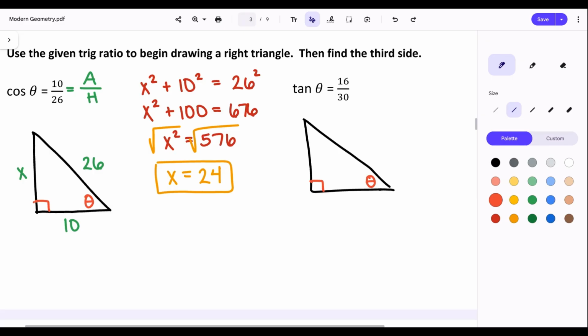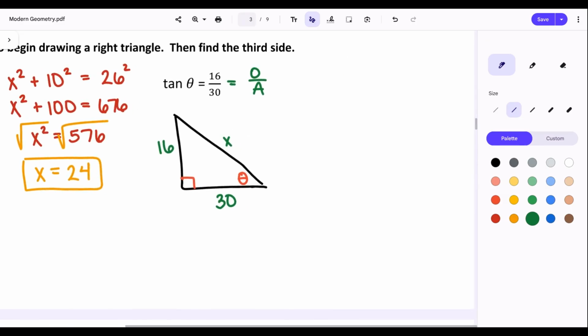Okay, let's go through this here. I would have started by labeling. So tangent is opposite over adjacent. From your theta down here, the 16 should have gone across from that side and 30 should be here. We don't know in this case what the hypotenuse is. That's what we're missing. To set this up in Pythagorean theorem, it should have said 16 squared plus 30 squared equals x squared.